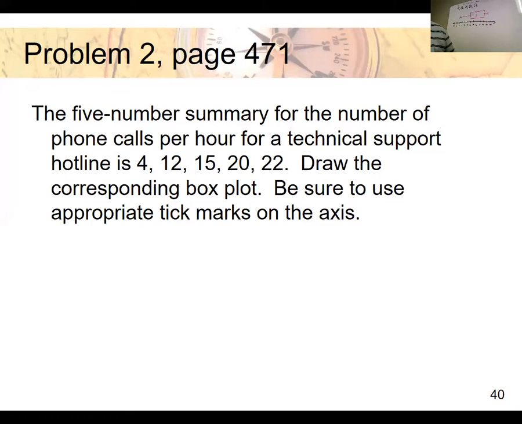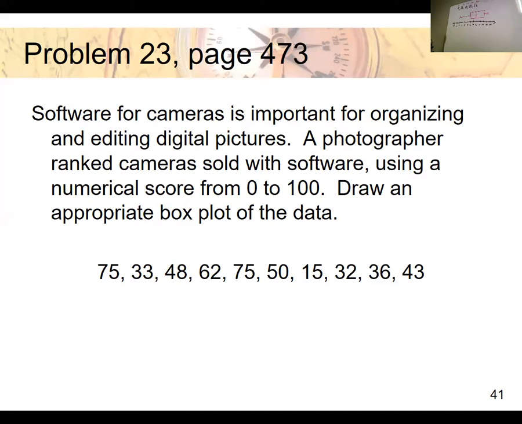Okay, now let's say we had a data set like this. Software for cameras is important for organizing and editing digital pictures. A photographer ranked cameras sold with software using a numerical score from 0 to 100. Here we want to take this data set and draw an appropriate box plot of this data.